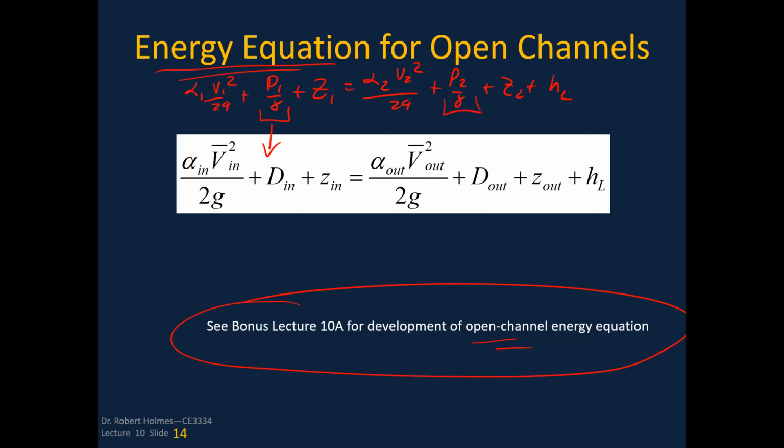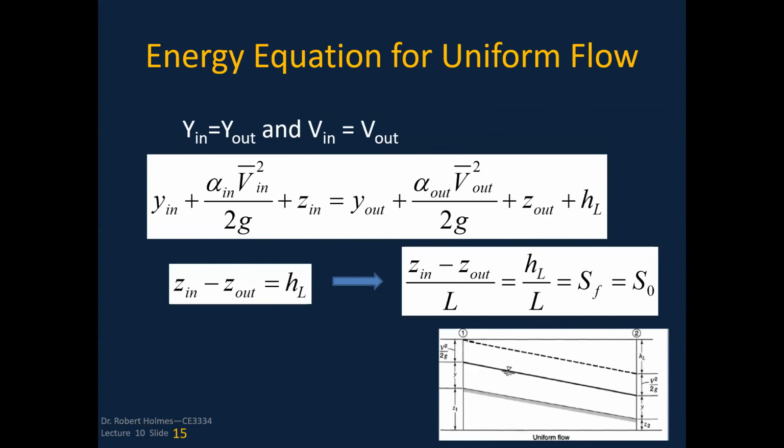And so here we've got the form of the energy equation we're going to use for open channel flow. We're replacing the pressure term, which we have in a pressurized pipe flow, with the depth at each location.